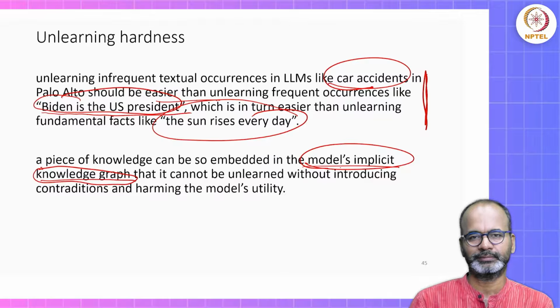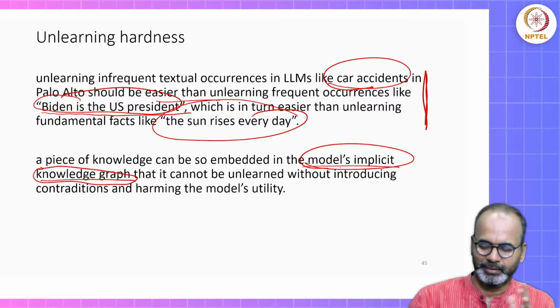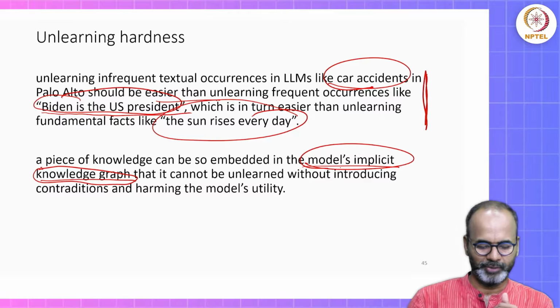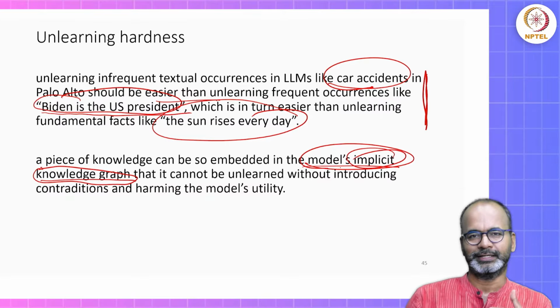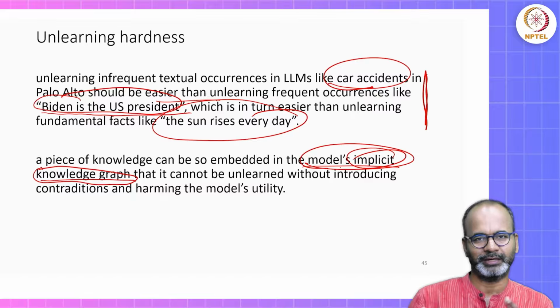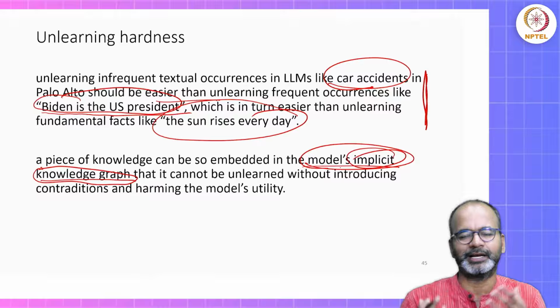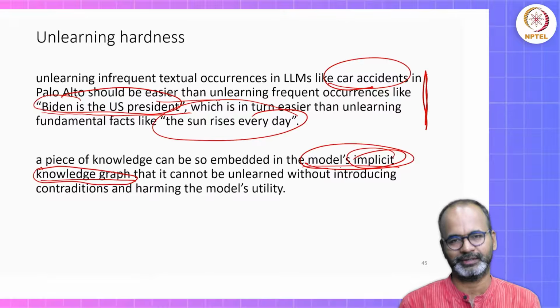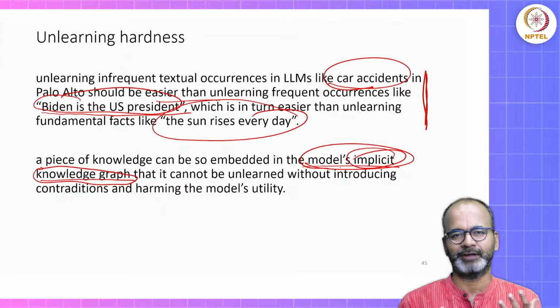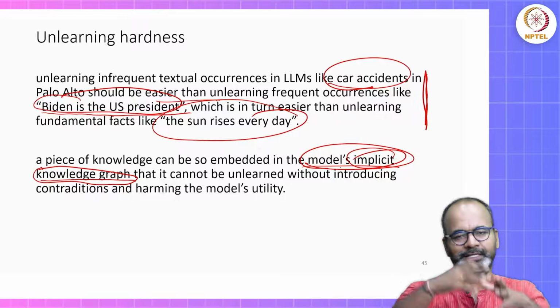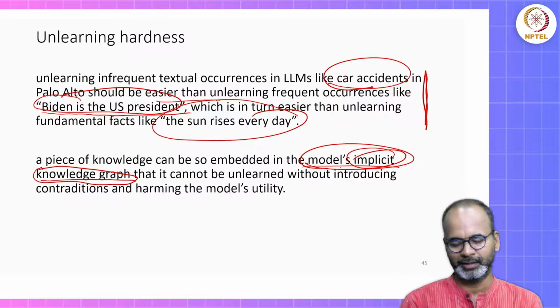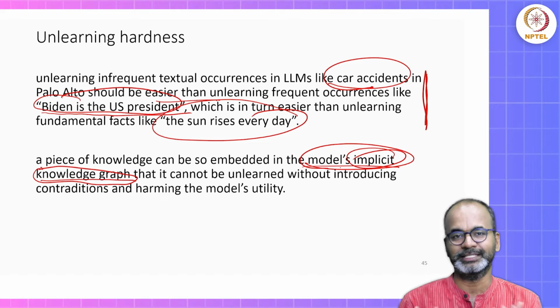How do you differentiate the model's implicit knowledge graph from something explicit? Implicit knowledge is very hard to describe, whereas explicit knowledge, represented in a knowledge graph format, is easy to describe.